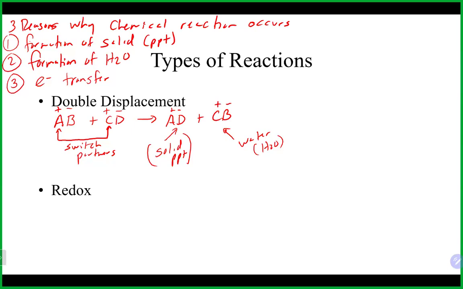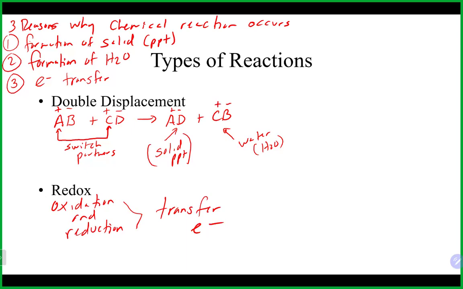Now, what is a redox reaction? A redox reaction is what is known as an oxidation and reduction reaction. We'll talk about what that means a little later on. But ultimately, what happens in an oxidation and reduction reaction is you get the third reason why a reaction takes place. You will have some type of electrons being transferred.